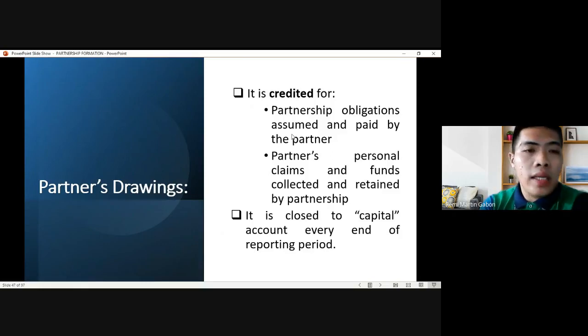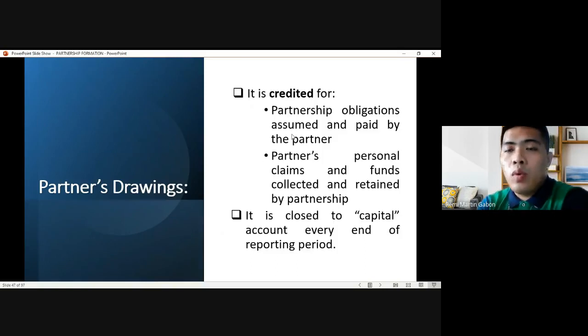Earlier, when we debit drawings, we increase the drawings account. When we credit the drawings account, we deduct from the balance of the drawings account. So it is credited for partnership obligations paid by the partner, meaning it's being offset against what we have earlier on the debit side.